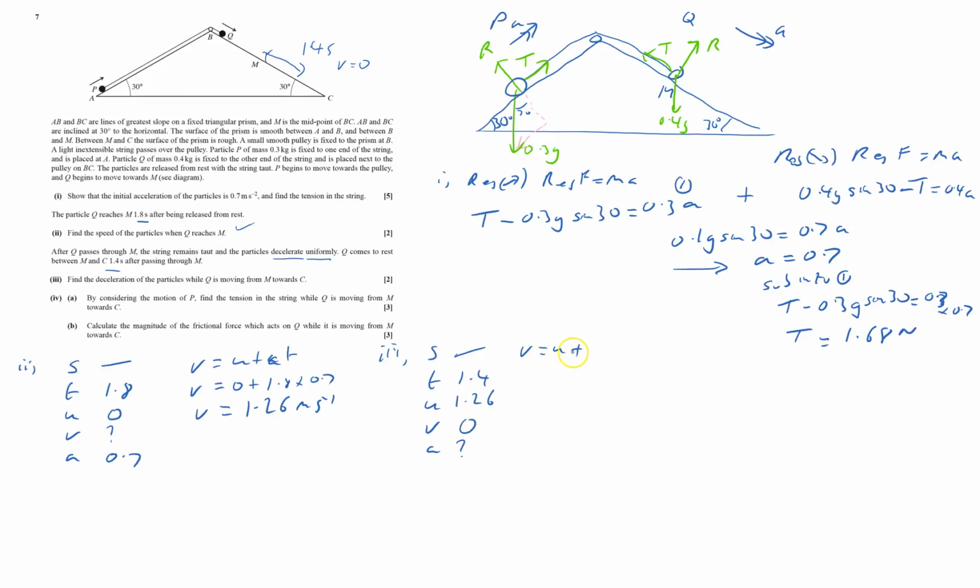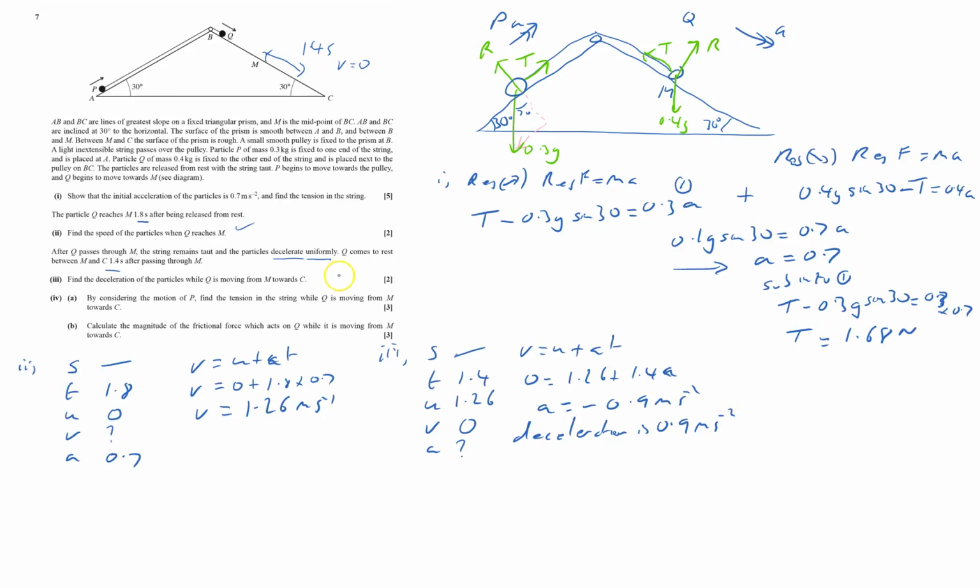So 0 equals 1.26 plus 1.4a. So a equals minus 0.9 meters per second squared, and therefore the deceleration is 0.9 meters per second squared.